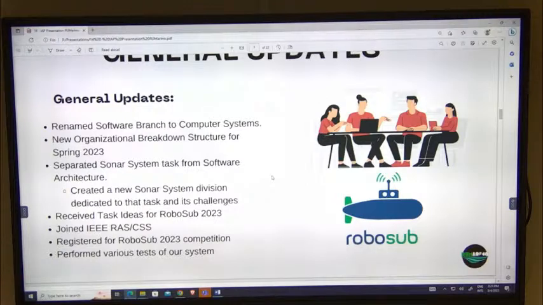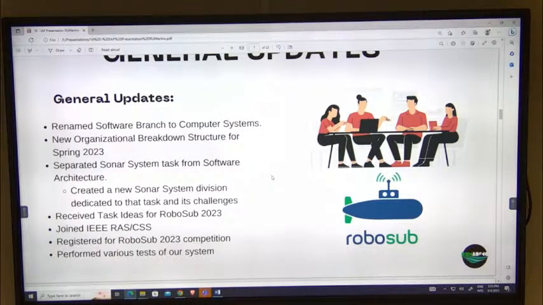So we broadened our spectrum and did not keep it so narrowed down to software. We changed it like that, and then we reorganized our structure. So we have a new breakdown structure, and we also created the sonar system task, which is its own division. They take care of everything dedicated to sonar, signal processing, and location.